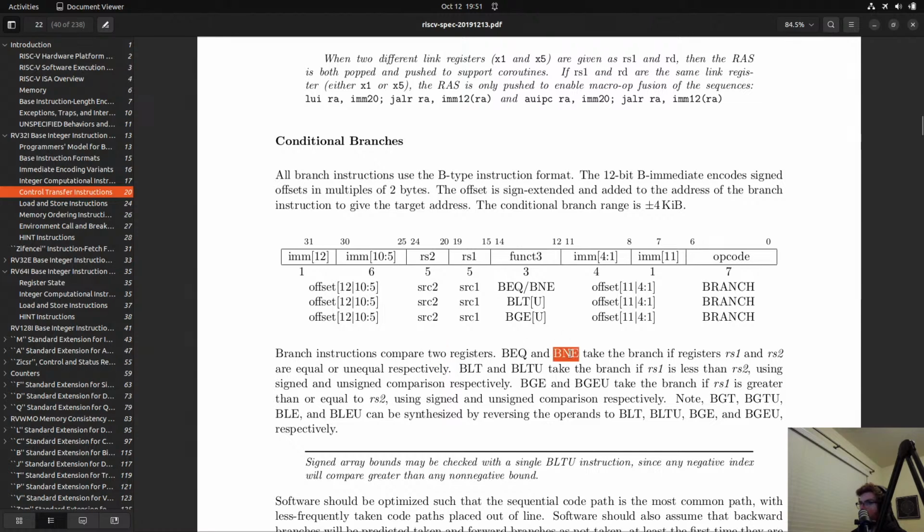Branch if equal and branch if not equal take the branch if registers RS1 and RS2 are equal or unequal respectively. Branch if less than and branch if less than unsigned take the branch if RS1 is less than RS2, using signed and unsigned comparison respectively.